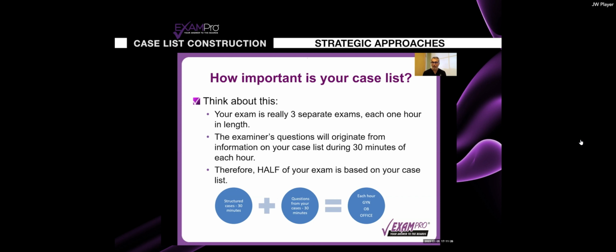Therefore, if you look at my little graphic at the bottom here, about half of your overall exam is based on the information on your case list. You have structured cases for 30 minutes plus questions from your case list for 30 minutes in each hour, GYN, OB, and office. And so the quality of your case list and the information that is offered on your case list will definitely be a major part of the exam.